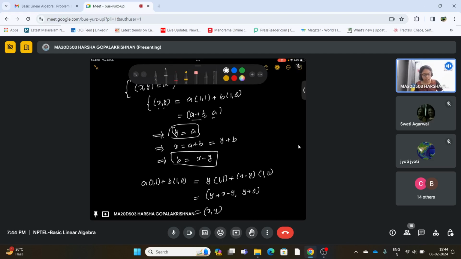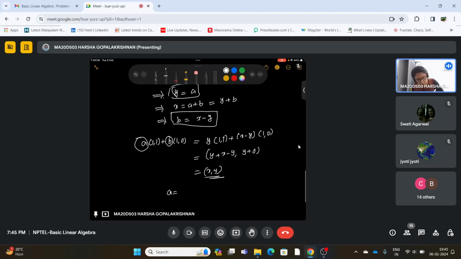That means if I am given any element (x, y) in R2, I am able to find a and b. I am giving this a and b in terms of the given x and y: a equals y and b equals x minus y.